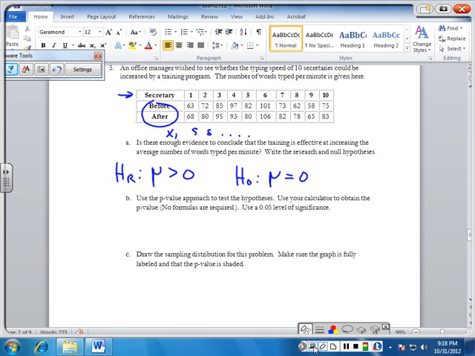Okay, so you can use your calculator to get the p-value on this. What I would do is put all of the before numbers into list 1 of your calculator. Then put all of the after numbers into list 2.